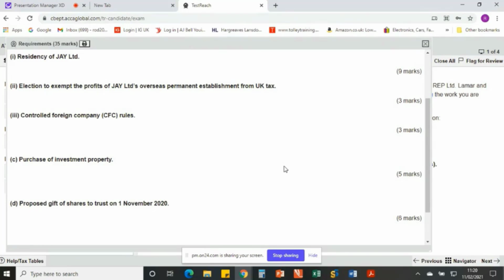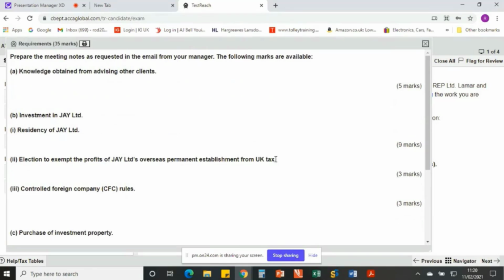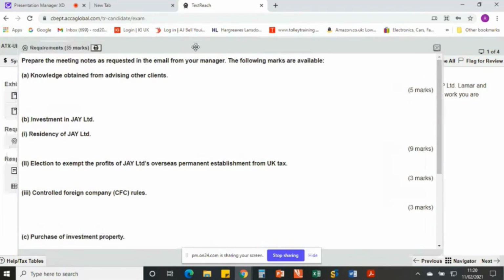It also means that the damage in terms of marks lost if you don't do well on one of those questions, say the purchase of investment property, is 5 marks. You'll get some of them, no doubt, but it's self-contained, so you can go on and get marks in the other areas. Okay, so that's the required.